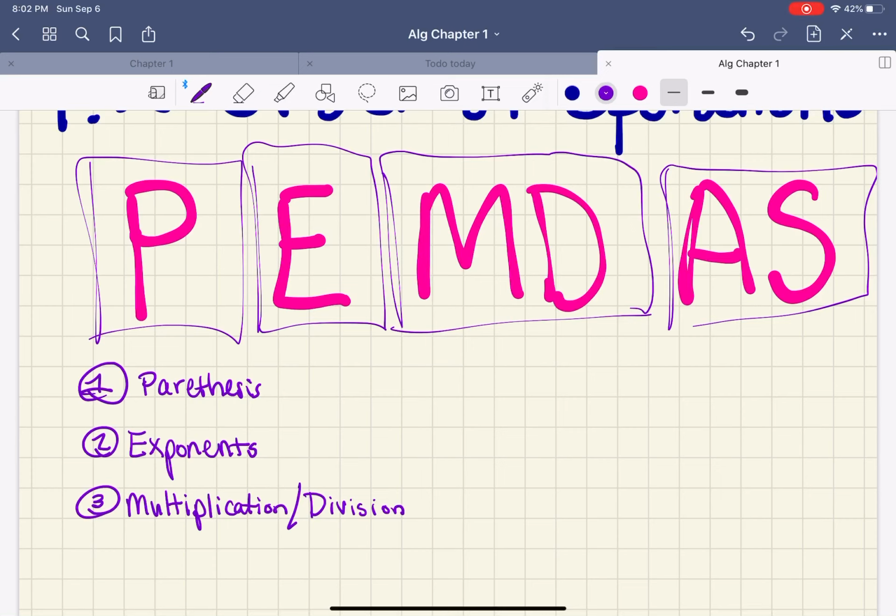So what do you decide to do if there are multiple multiplication or division operations in your problem? What you're going to do is simplify left to right.